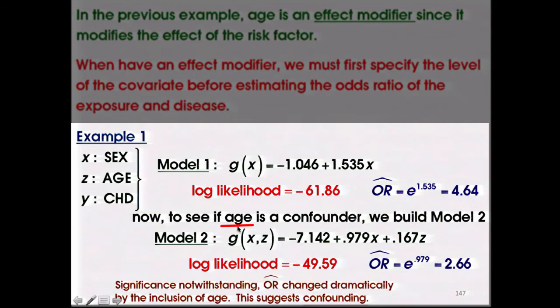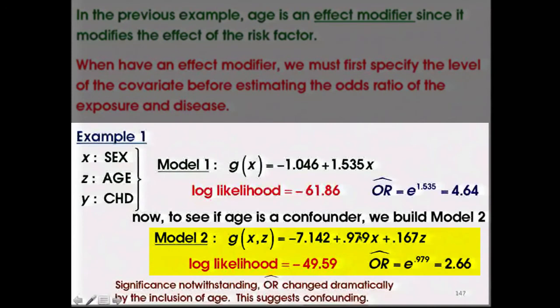And when I put age in the model, then my new model becomes beta naught plus beta 1 times sex, and beta 2 times age. So I put it into the model. And notice that after I control for age, the coefficient for sex decreased from 1.535 before I controlled for age to 0.979 after I controlled for age.